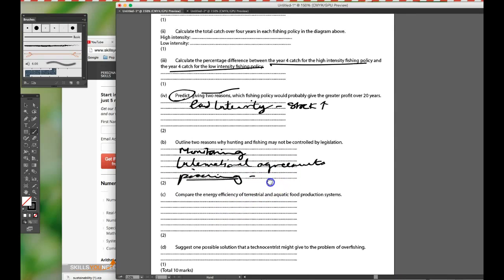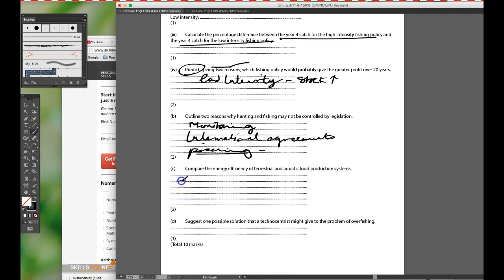Compare the energy efficiency of terrestrial and aquatic food production systems. So we talked about low efficiency in aquatic food because when the sun is shining into the water, a lot of that gets reflected or scattered and doesn't reach the phytoplankton in the water, whereas in the terrestrial system, the plants are directly receiving so much more of that sunlight.